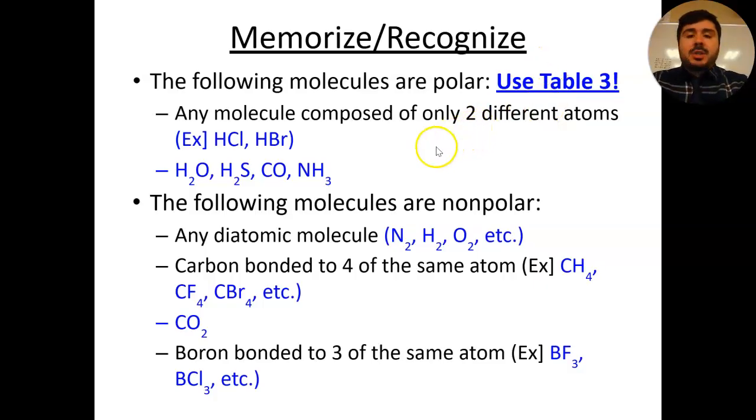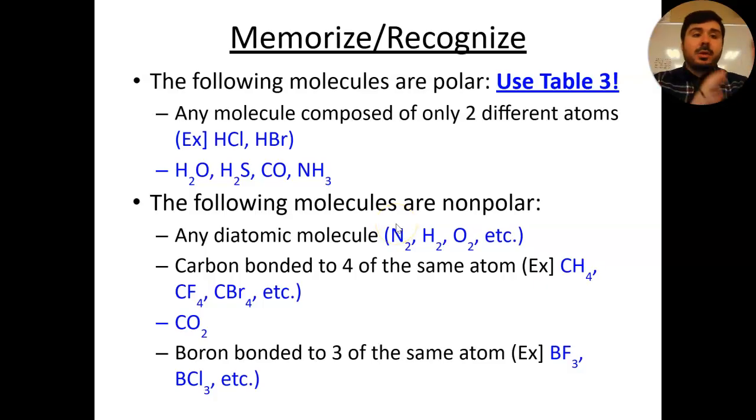Looking at page 13 in our reference table, table 3 is titled Common Polar and Nonpolar Substances. It's a beautiful identification table. All you have to do is match up the molecule you're dealing with to the molecules in those columns. On the left-hand side is the polar column. Molecules that look like XY, NX3, PX3, H2X, or SO2 are all going to be polar molecules.